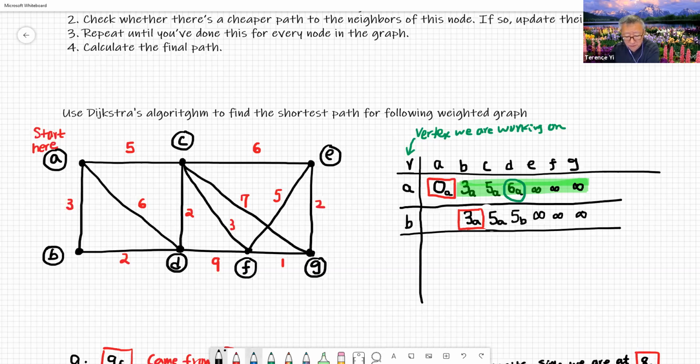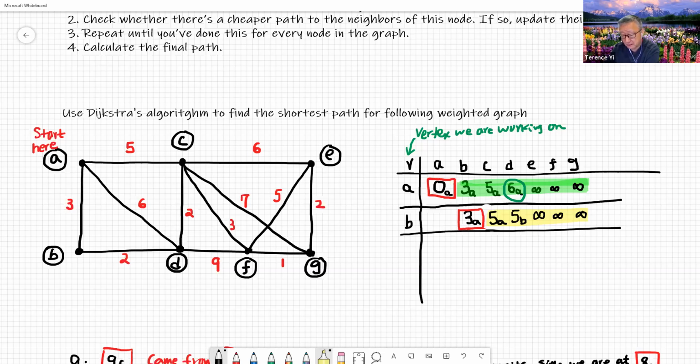Next we are going to look at this row here and find out which one has the smallest weight. Since we have two 5s over here, I'm just going to go with the 5A.